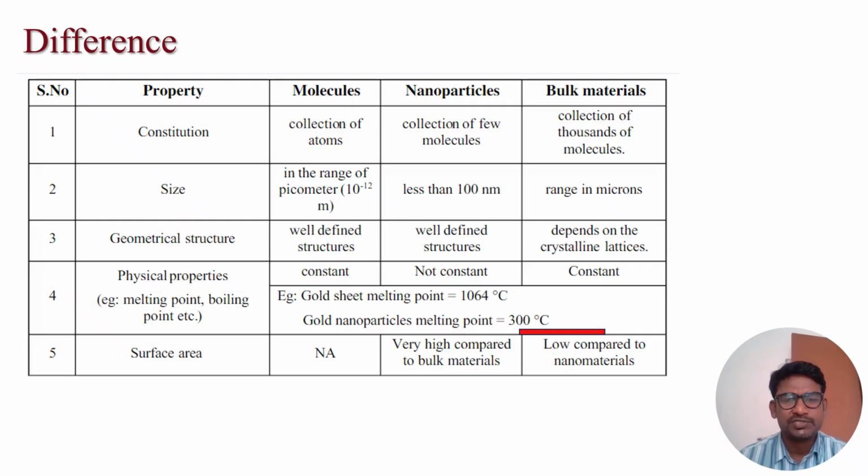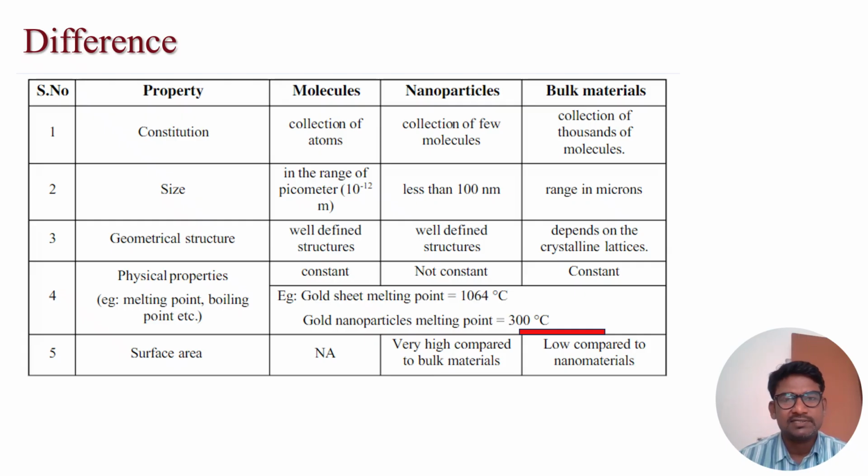Now the most interesting thing is the physical properties, namely melting point, boiling point, etc. Say for example, gold sheet melts at 1064 degrees Celsius, while the gold nanoparticle melts at 300 degrees Celsius. This is the interesting difference to be noted when we move from bulk to nano.